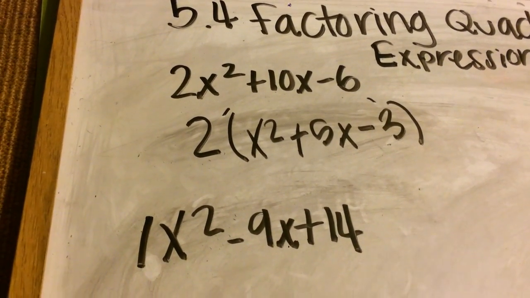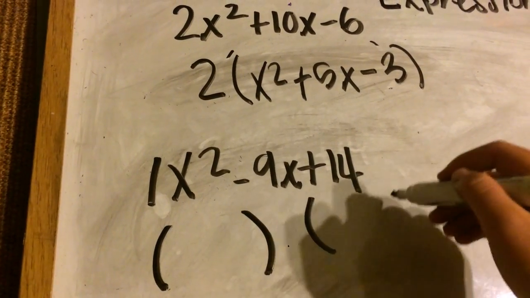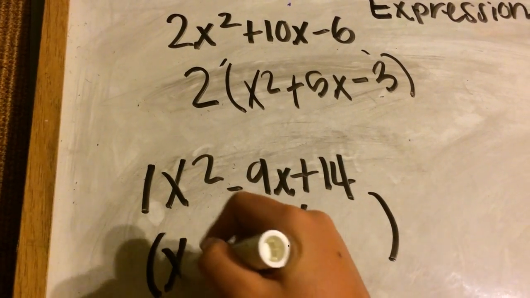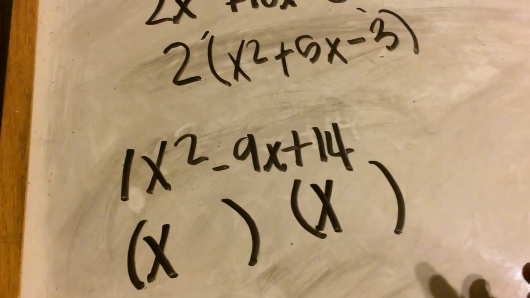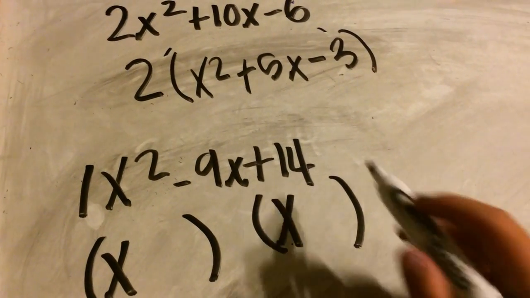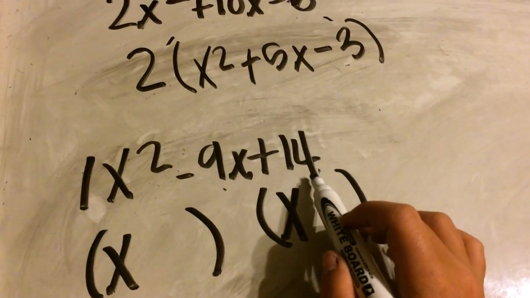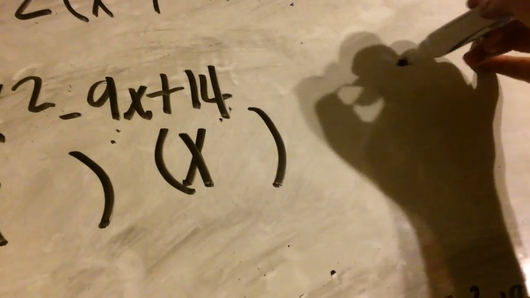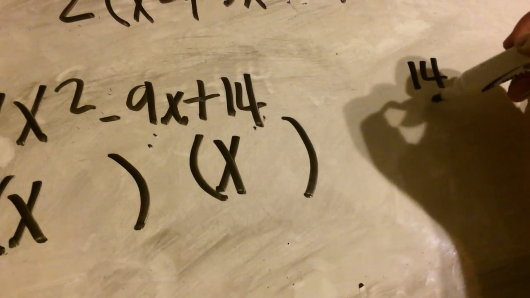That way we can go straight into our binomials, bi meaning 2. We're always going to have an x in the front, an x plus something or an x minus something. We want to see what multiplies to c and adds up to b. So in this case, what multiplies to 14 and adds up to negative 9.